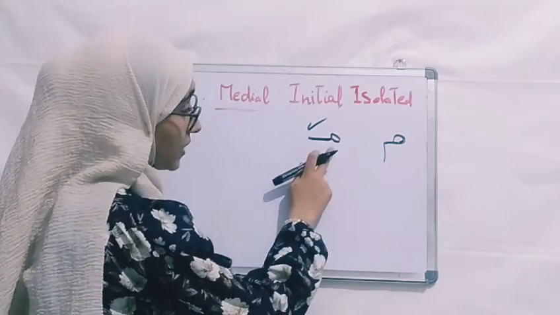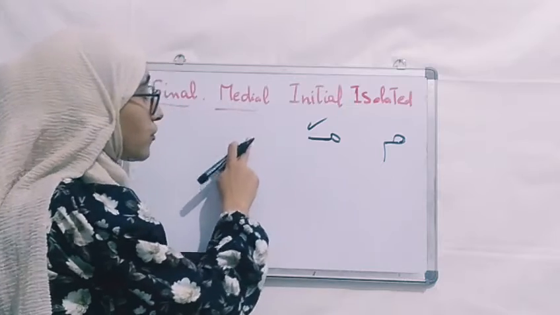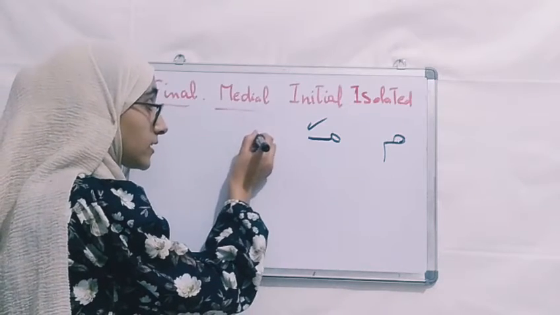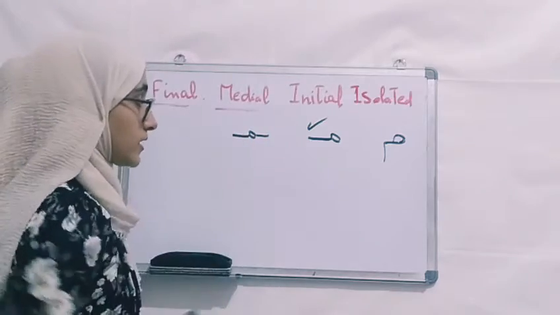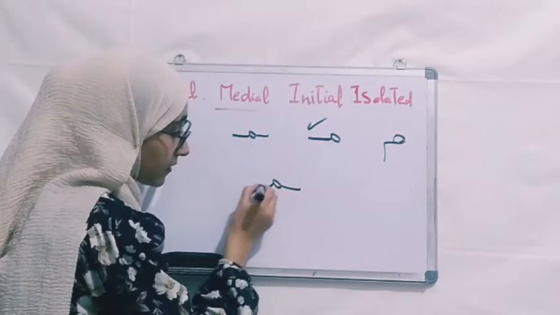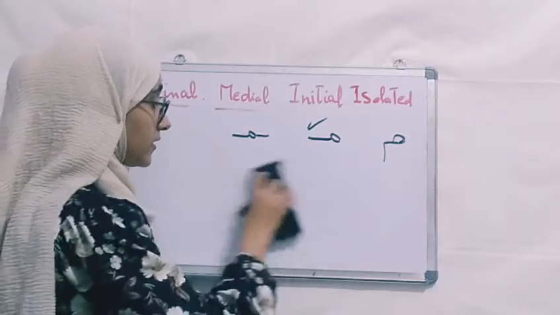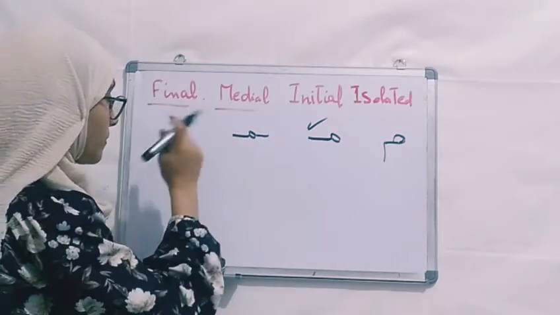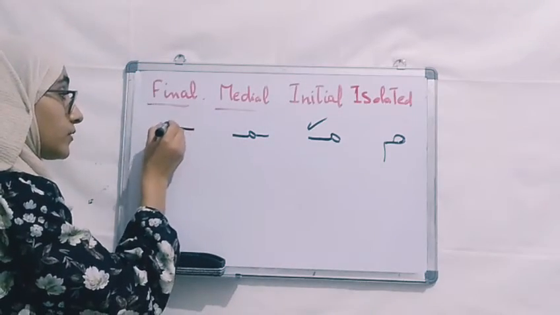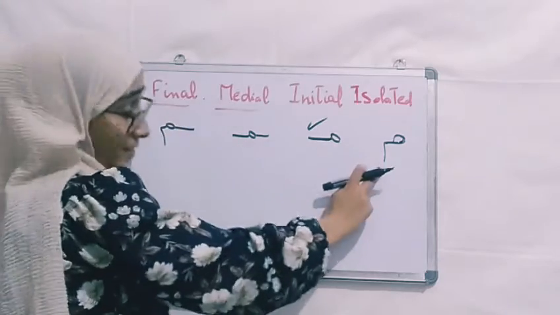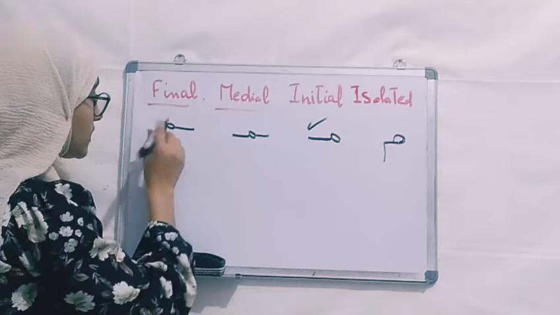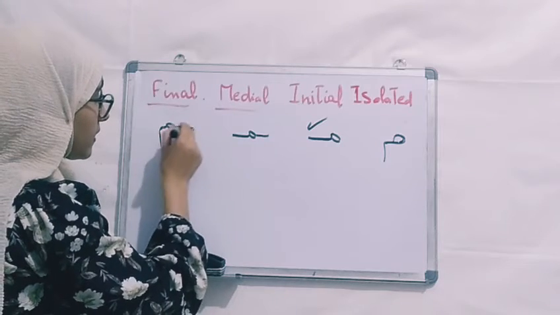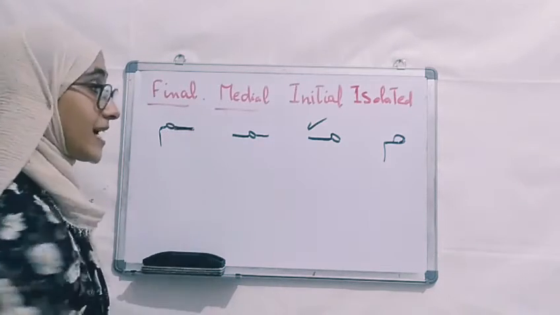Same here in the middle form: you keep the connecting line, then you write meem, and then you keep this straight. In the final form, you keep the connecting line, then you write meem as the isolated form.